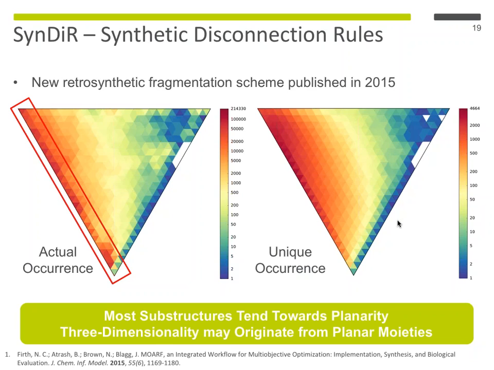But if you look at the unique occurrence, so this is where a fragment's used, but we don't count how many times it's used, you can see that there's an enrichment of 3-dimensionality. So there are moieties being used that are more 3-dimensional, but they're not being used as often as the more planar substructures. So again, most substructures that are used and also exist tend towards planarity.